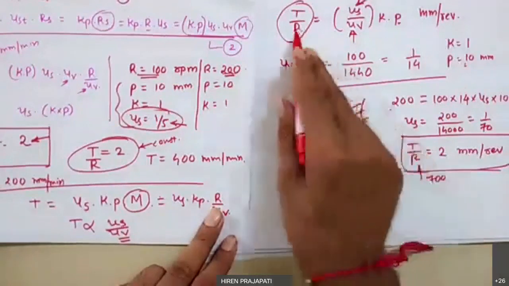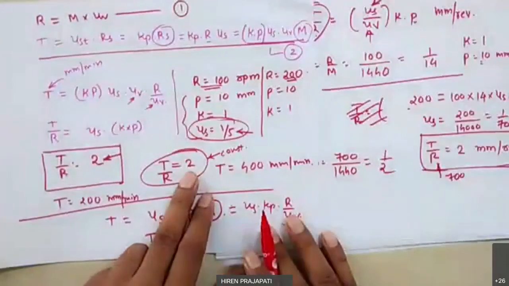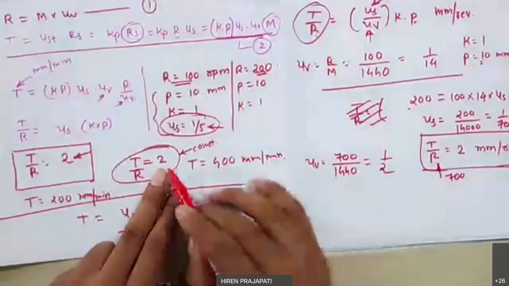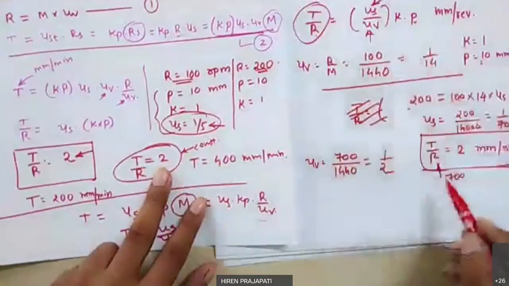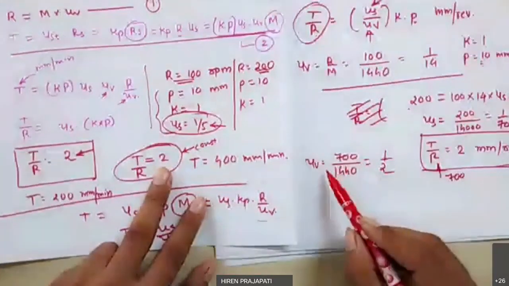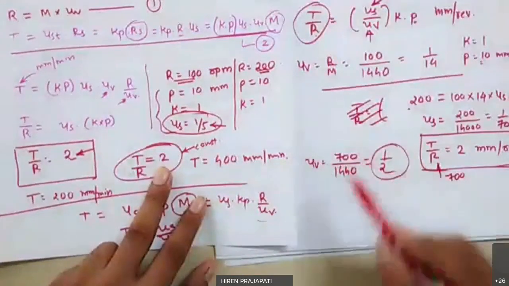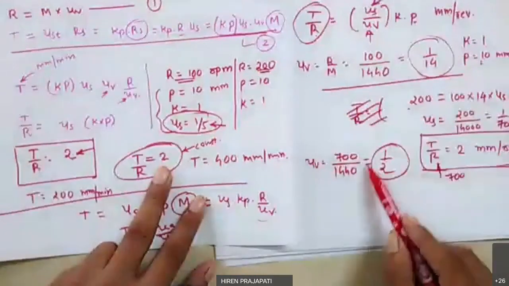Now if you want to maintain this T by R ratio constant as 2, as per your combination, then every time you change, you need to find out, if UV is changed to 1 by 2, because earlier UV was 1 by 14, but now UV is 1 by 2.